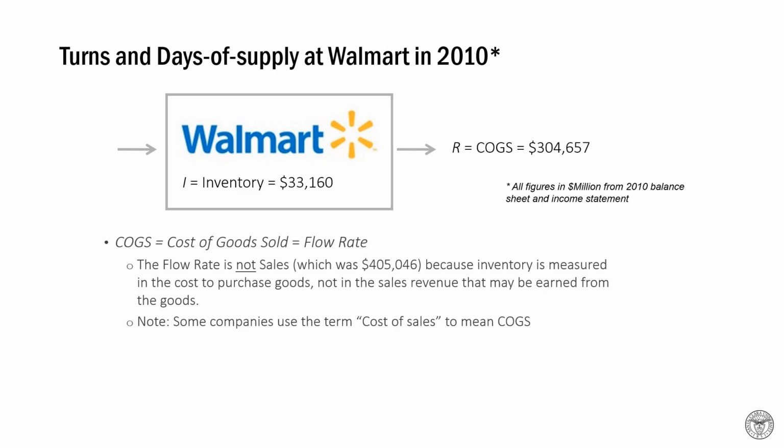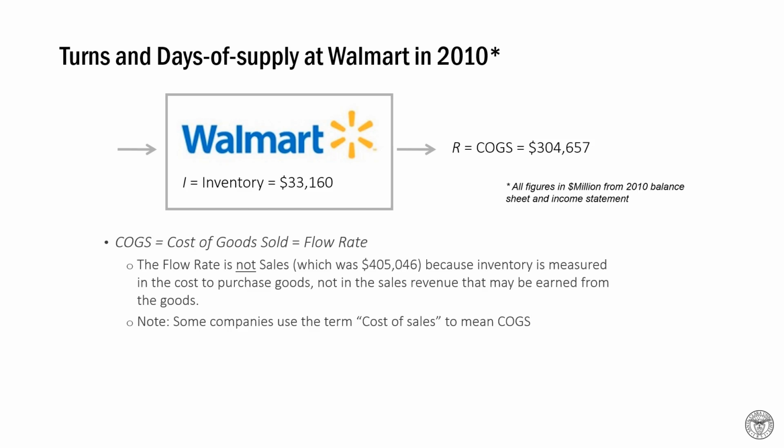We now apply the data from Walmart in 2010 to illustrate how to calculate turns and days of supply. In this case, the cost of goods sold, COGS, is used as the flow rate, R, amounting to $304,657 million, while the inventory, I, is valued at $33,160 million.